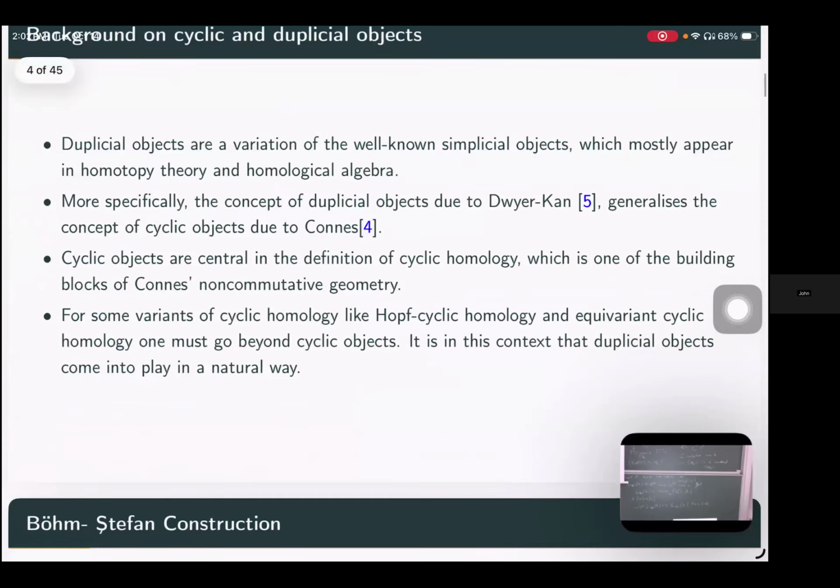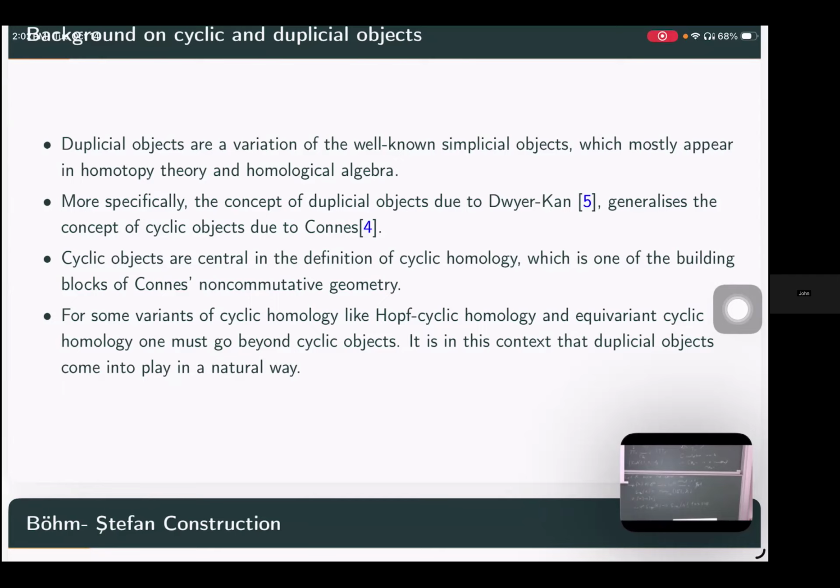So differential objects are some sort of variation of the well-known differential objects which we have in homotopy theory and homological algebra. And this is actually a generalization of the concept of cyclic objects due to Alain Connes.